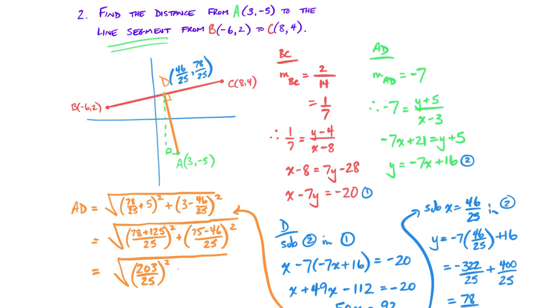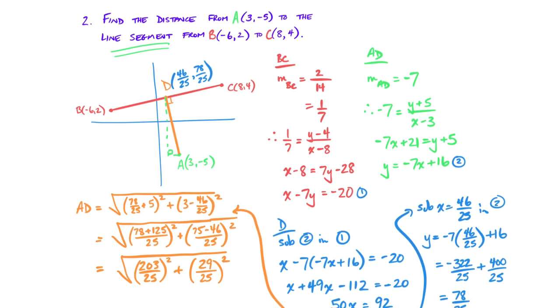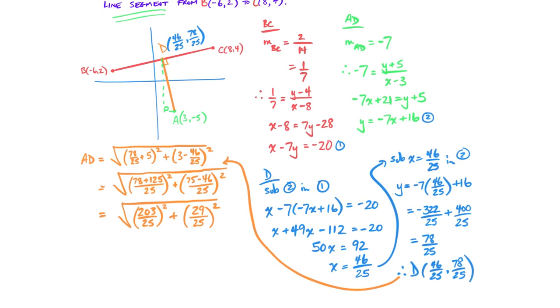25ths. And then on my other fraction, I need to take a 75 and minus that 46. So there is a 29 25ths. Okay, we're still working on it. Yikes, this is ugly. I'm going to just slide that up to make a little bit more room.